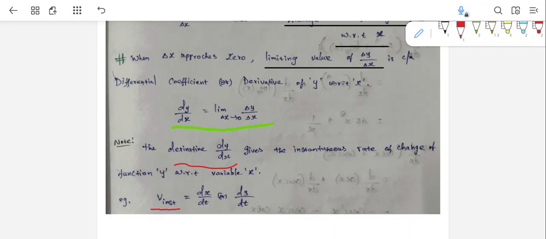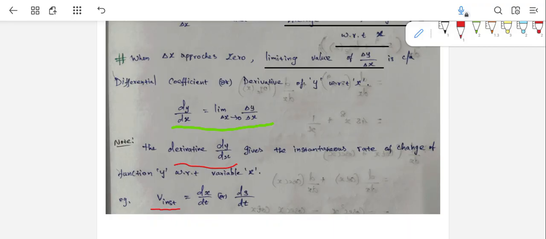At that particular time, what is the velocity of the given particle or object? That is what we call instantaneous velocity. Normally, velocity means displacement by time, right?